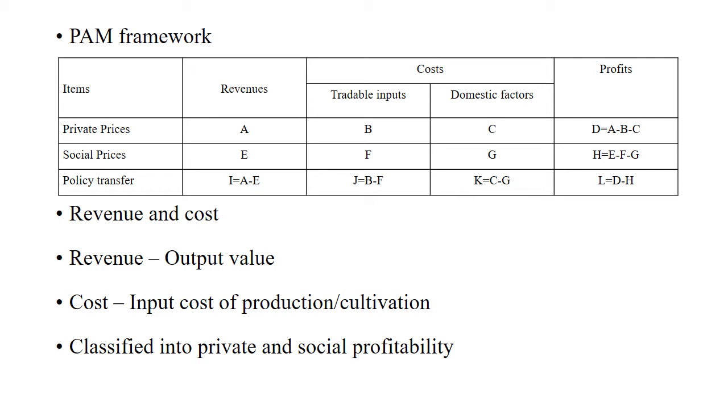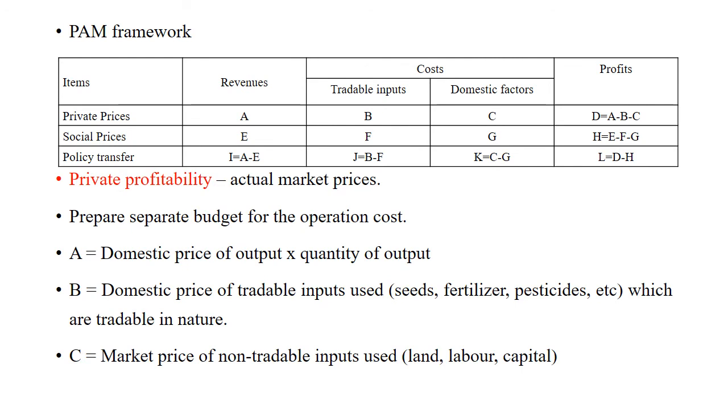So in this you are seeing that the revenues are the output values and the cost is the input cost of production or cultivation. First we will see the private profitability. As I initially said, it uses the actual market prices prevailing for the cost involved in production of a commodity.